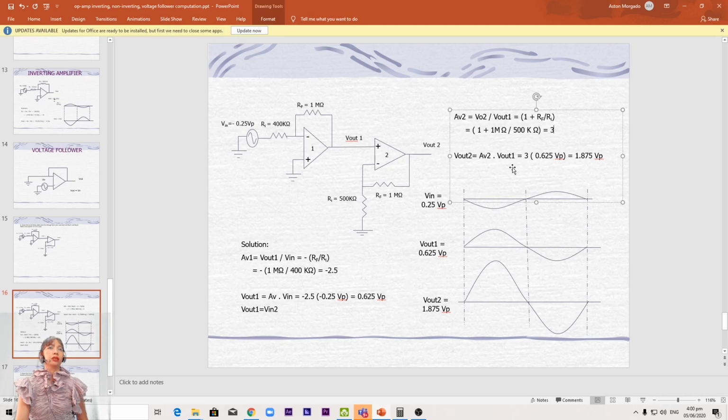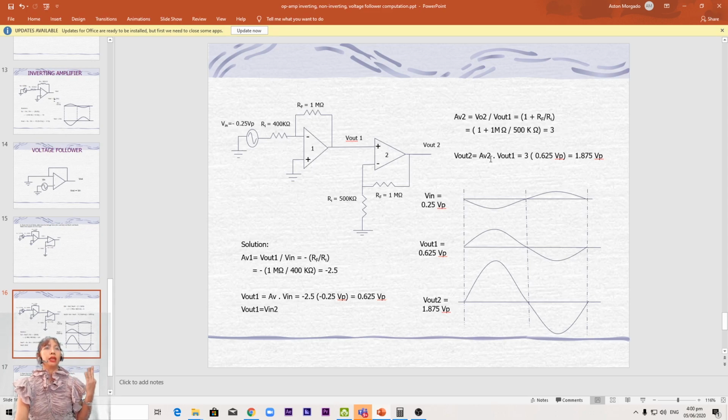Okay? But before that, we compute for AV2. Since op-amp 2 is non-inverting, we're going to use the formula 1 plus RF over RI for AV2. So the ratio of 1 meg over 500K makes it 2, plus 1. So we have a voltage gain of 3.